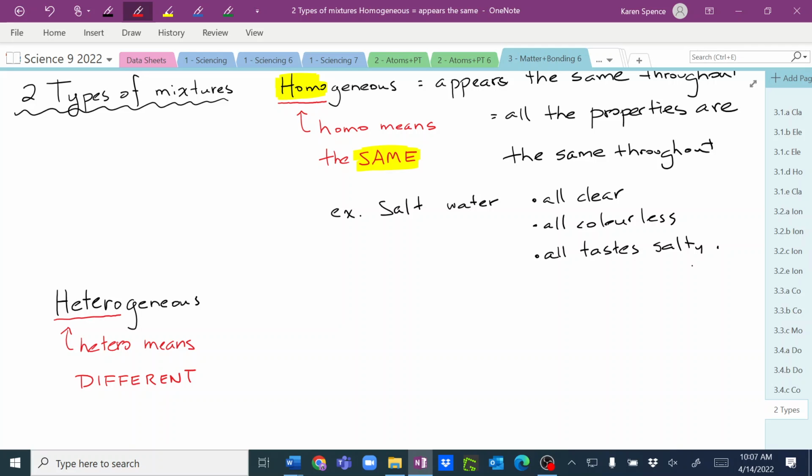All right, so hetero means different. And what it means is that different areas have different properties.